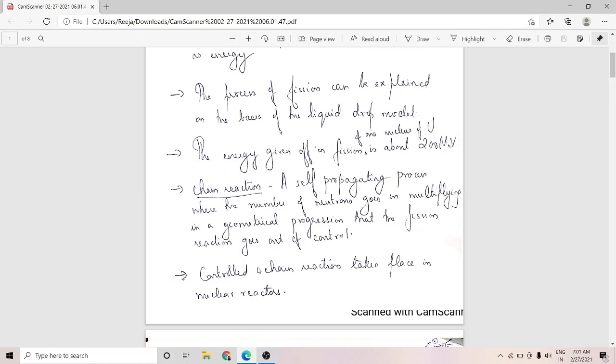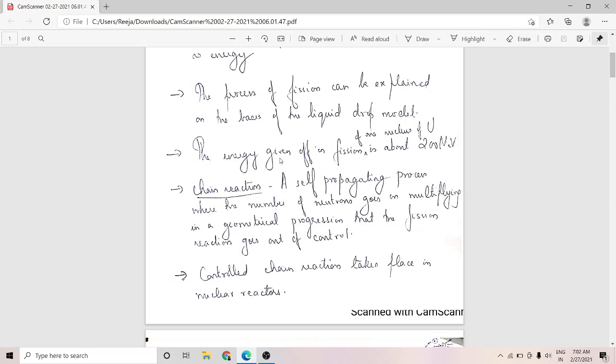When a sufficient amount of energy is provided to the nucleus so that it gets excited and the surface tension force is overcome, then the repulsive force between the protons becomes so strong that the nucleus will split into two parts, just like that in a liquid drop. So the liquid drop model was able to explain the process of fission.